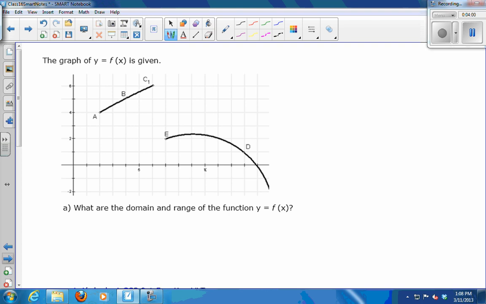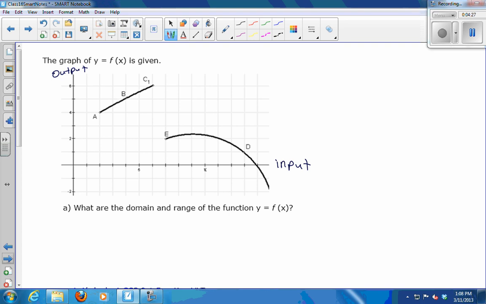So now we're going to do one that's just a little more theoretical. So we're going to find the domain and range of this function that I have graphed here. And remember, x is generally your input axis. Y is generally your output axis. So when I ask for domain, I'm asking for all of the x values that produce a function value.